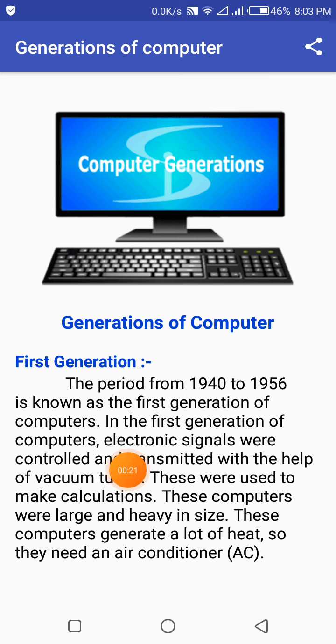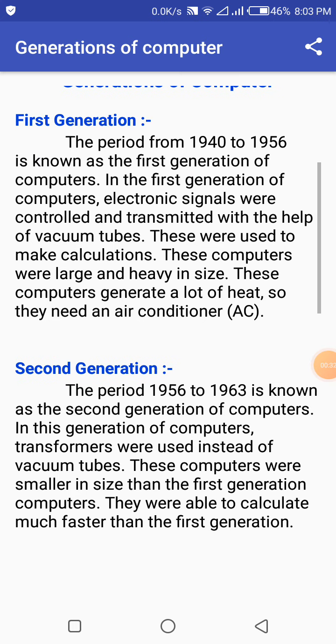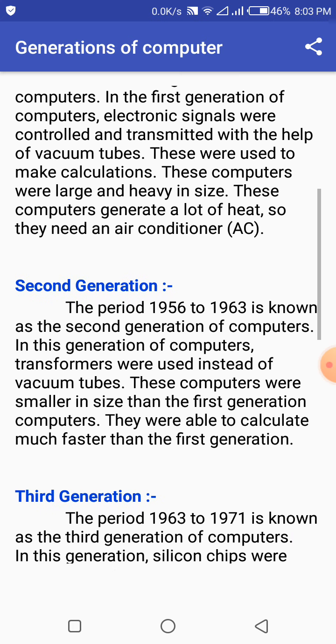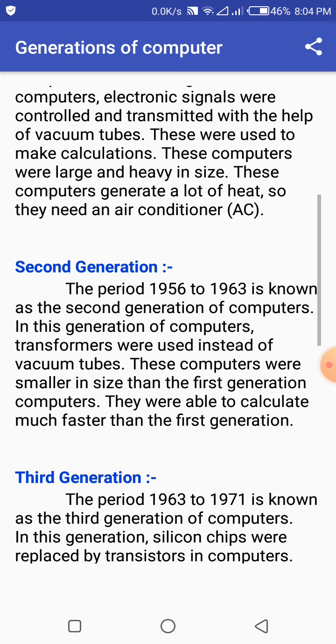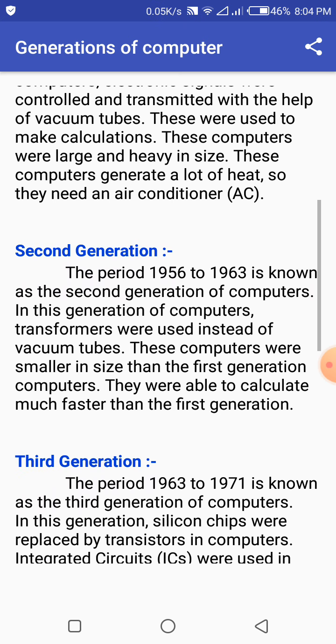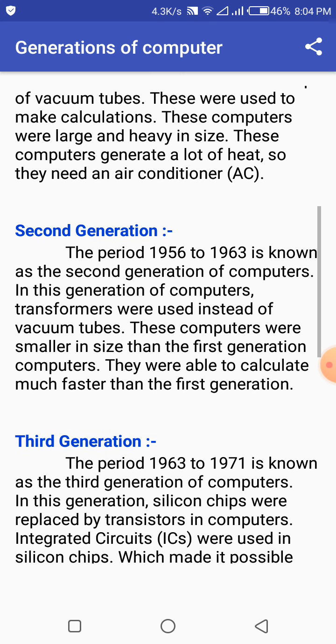First generation. The period from 1940 to 1956 is known as the first generation of computers. In the first generation of computers, electronic signals were controlled and transmitted with the help of vacuum tubes.